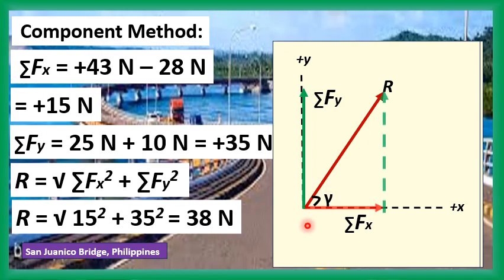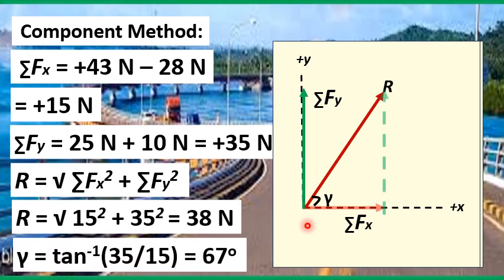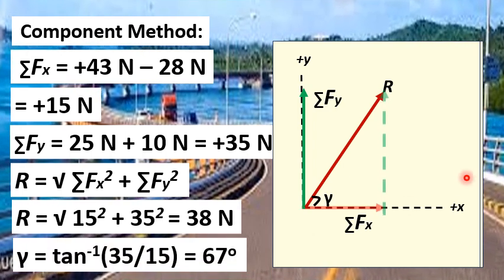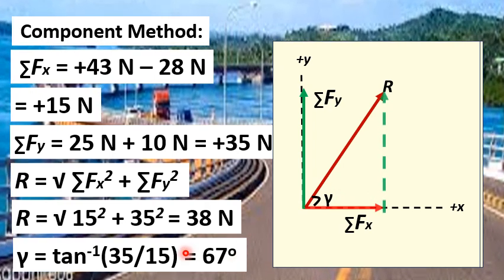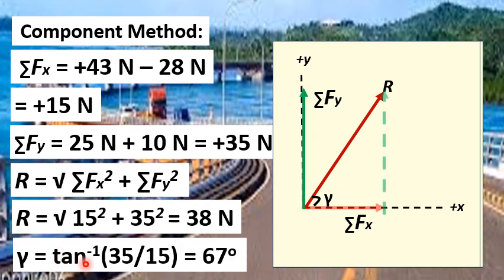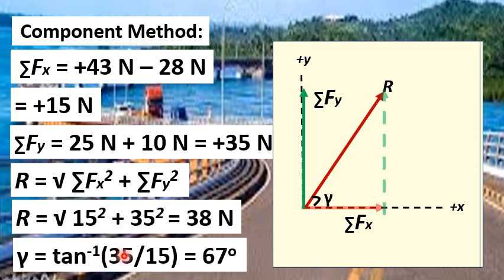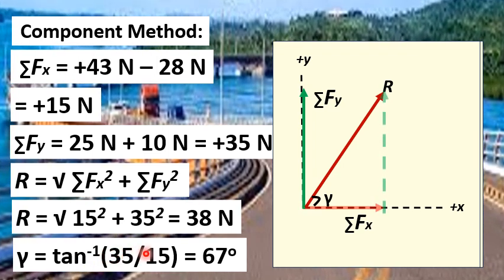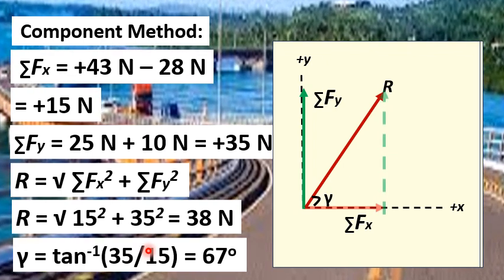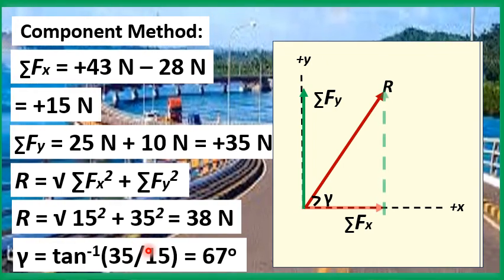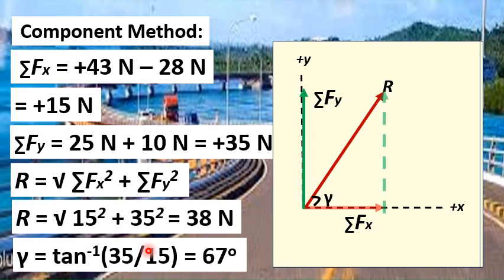That is, the value of the angle gamma can be determined by just getting the inverse tangent of the ratio 35 over 15. 35 refers to the summation of Fy, which is the opposite side of angle gamma.